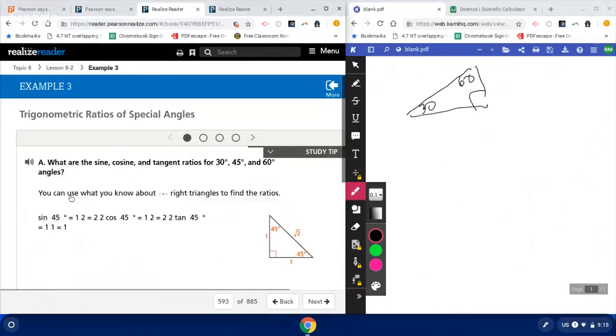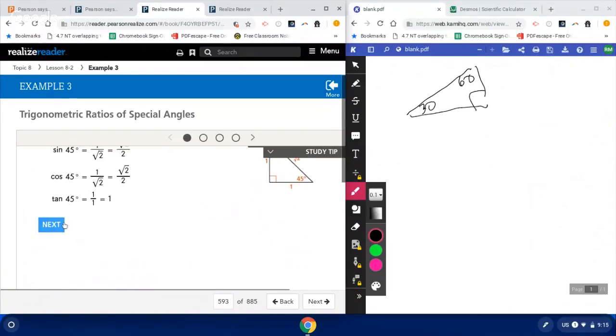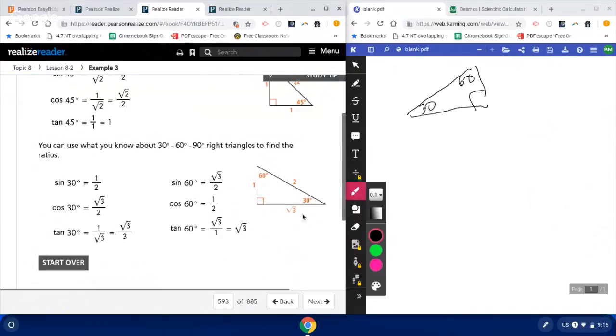They give us the 45, 45 first, which was nice of them. We learned this picture the other day. They say very generically that if this side is 1, then this would be twice as much, and this would be 1 times square root of 3. They just call it square root of 3.